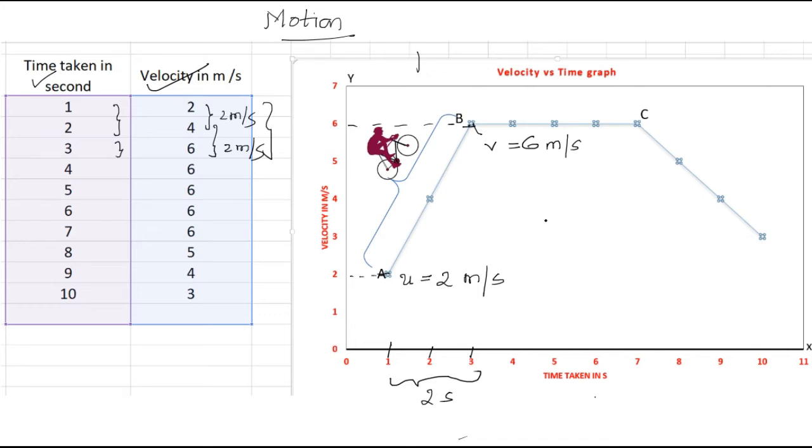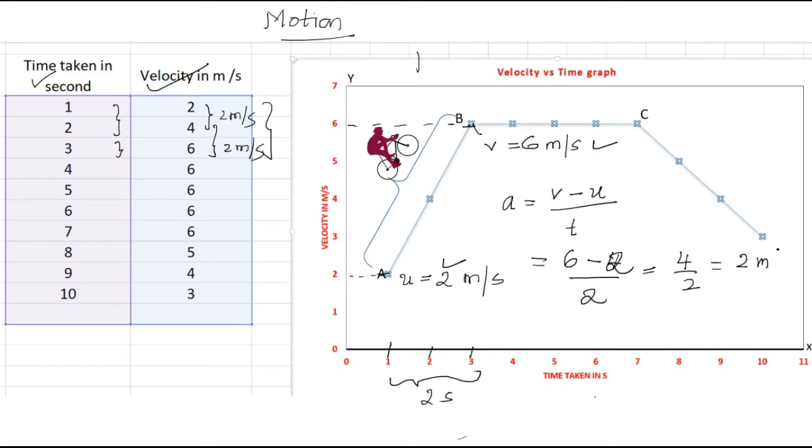And then we have seen how to find the acceleration, which is represented by letter a. Acceleration is change in velocity, that is final velocity minus initial velocity divided by time t, which is equal to 6 minus 2 divided by 2 seconds, which is 4 divided by 2, equal to 2 meter per second square.